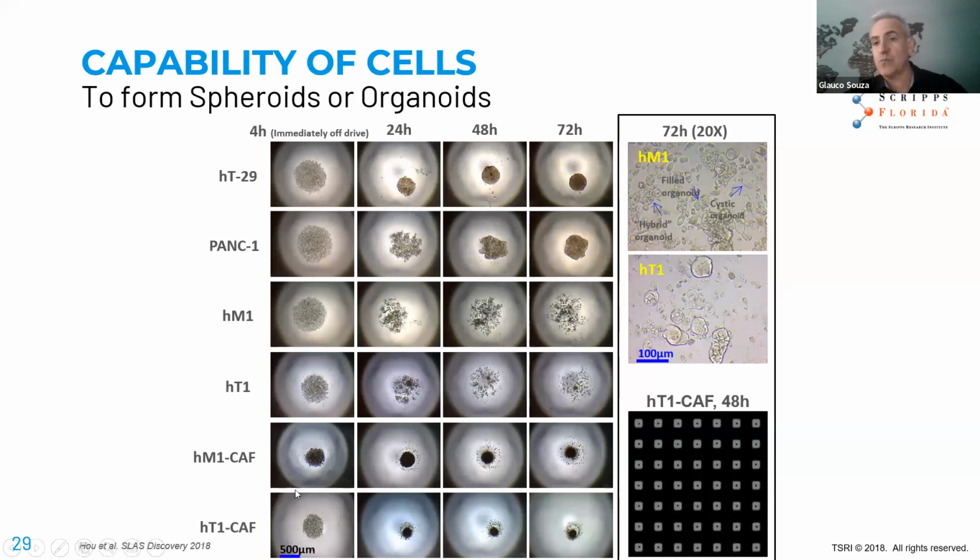But what is interesting, we took the fibroblasts, magnetized the cells, brought them together, and they make beautiful spheroids. But the cancer cells, even though we magnetize the same way and bring them together, they don't form this nice, cohesive, large spheroid. They make these structures that are organoids. They have the cyst-like structures.